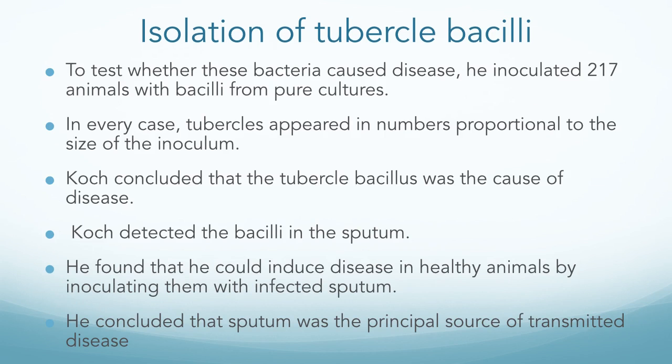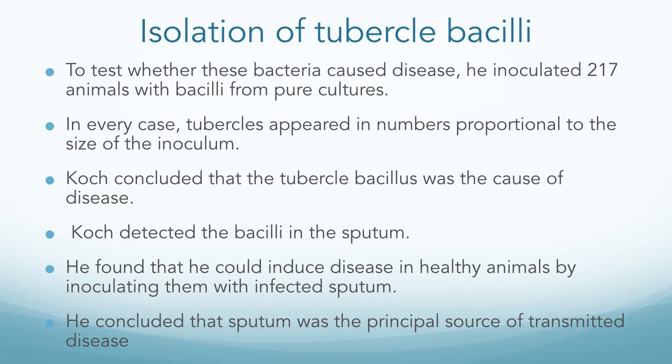Later, to test whether these bacteria grown in the laboratory could cause a disease similar to the disease caused by the naturally occurring organism, he inoculated around 217 animals with the bacilli from pure cultures that he had grown in the laboratory.